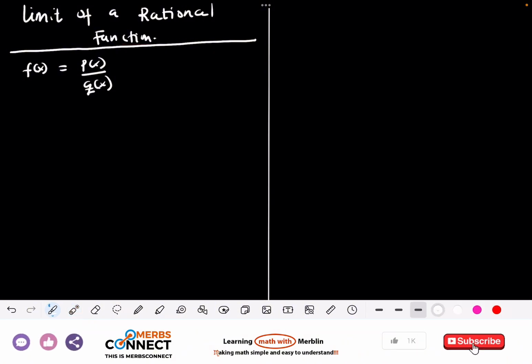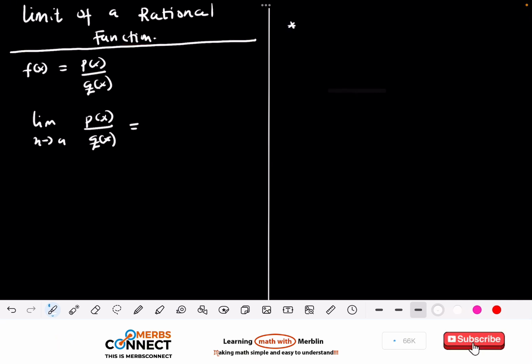So now let's look at the process. Let's assume I want to find the limit as x is approaching a of p of x divided by k of x. The first thing that I need to do is direct substitution, or just plug in.